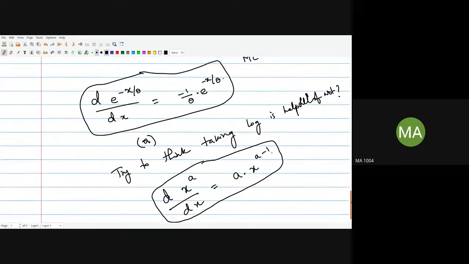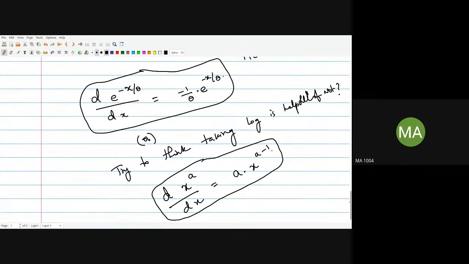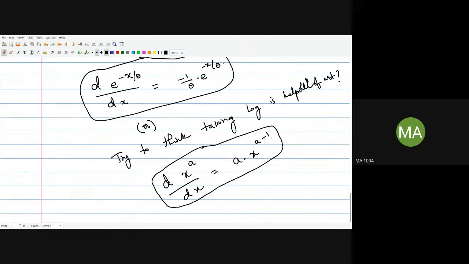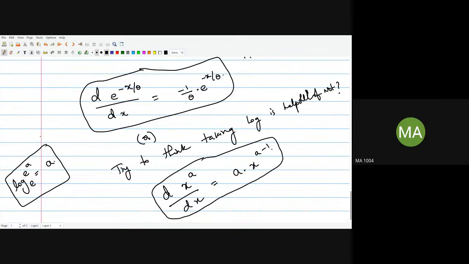Natural log of e power a is a, that is how it should be, right? Yes, log e power a with base e will be a. Use these things and try to get the final value also.